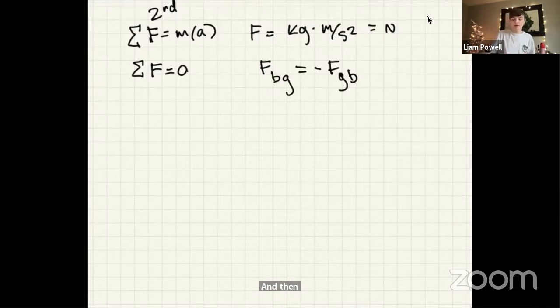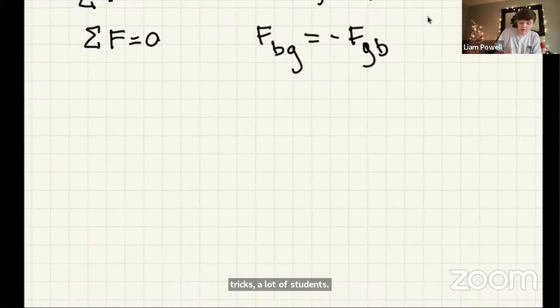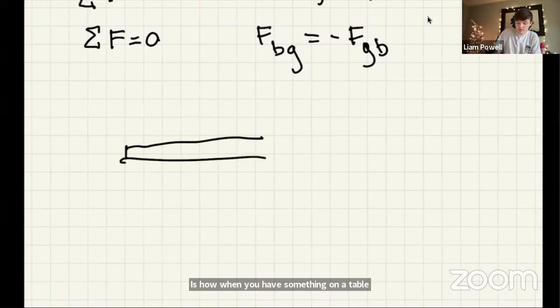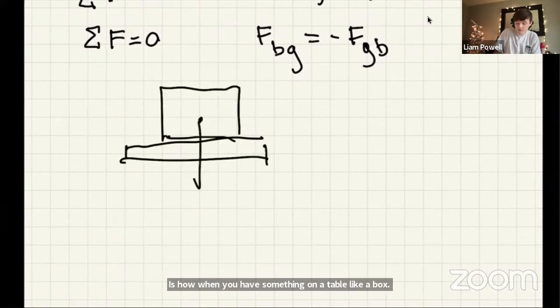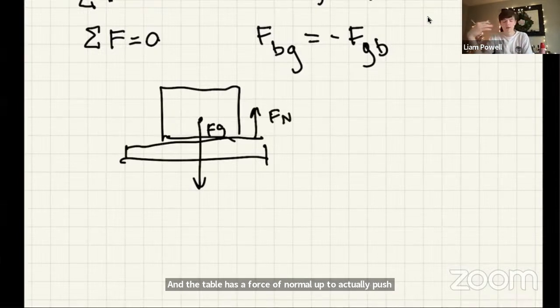Oh yeah, and a conceptual question that tricks a lot of students is how when you have something on a table, like a box, the box has a force of gravity and the table has a normal force up to keep the box from falling through the table.